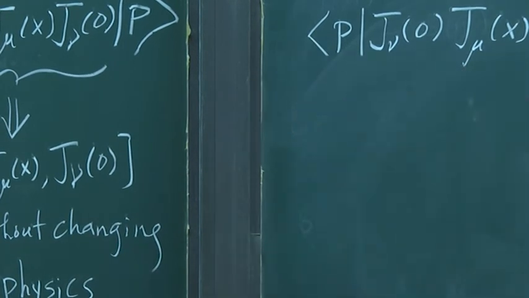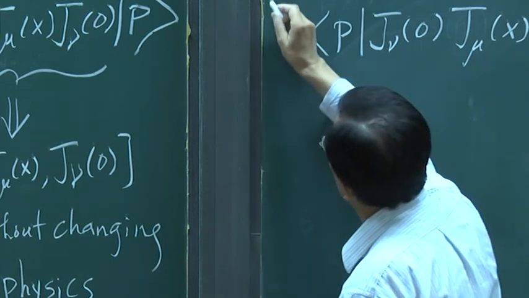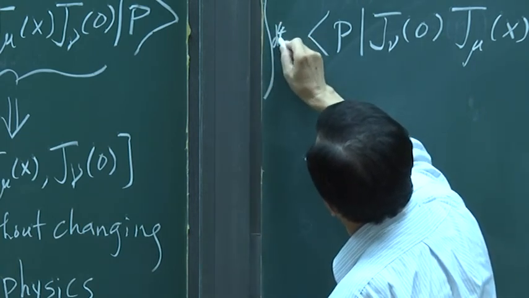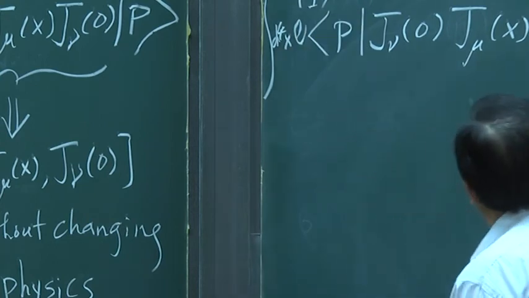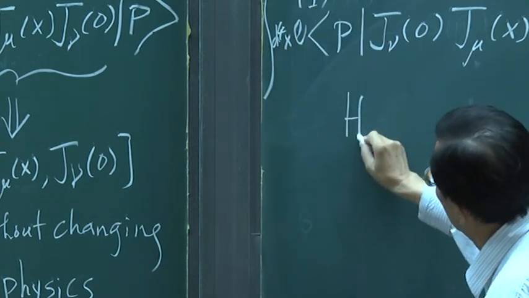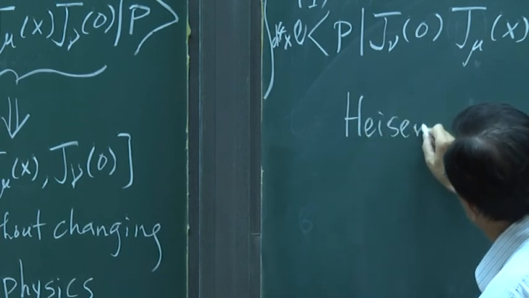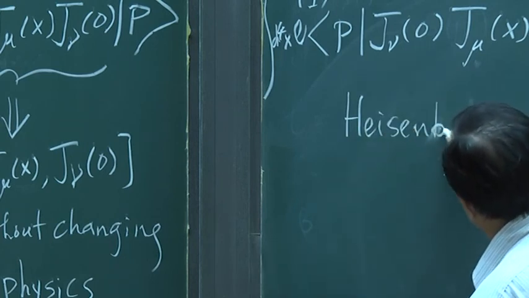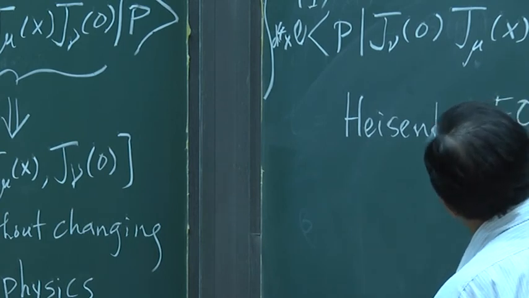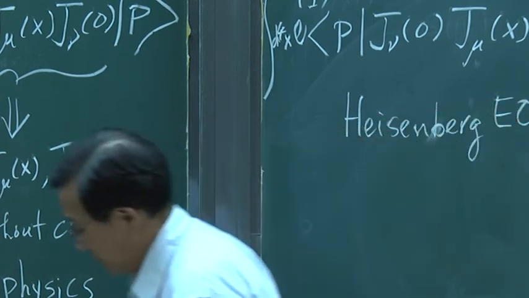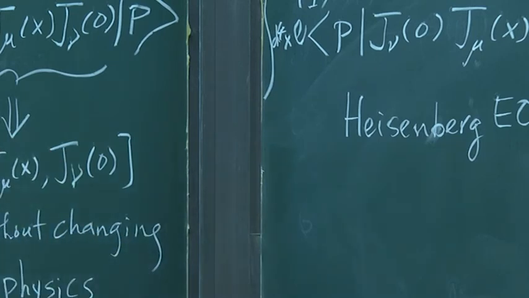So look at this. Now I have to do the integral d^4x e^{iq·x}, like this. Now, we know the Heisenberg equation of motion, and that's when you write the operator.